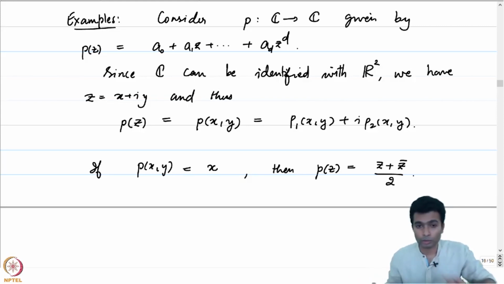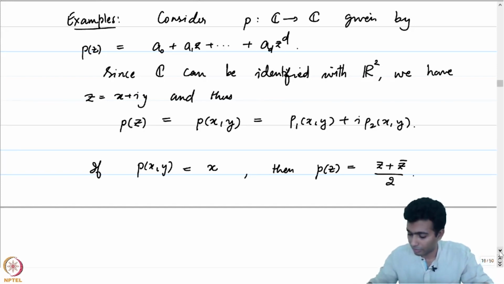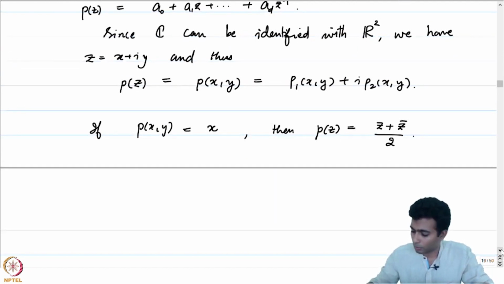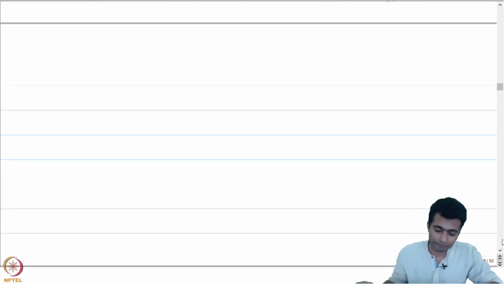And this is not a polynomial just in z, there is a z bar featuring in it. So you cannot write necessarily every polynomial in x,y as a polynomial in z. That is to be kept in mind. We'll come back to all this again. So polynomials in z are a good class of examples we would be interested in.